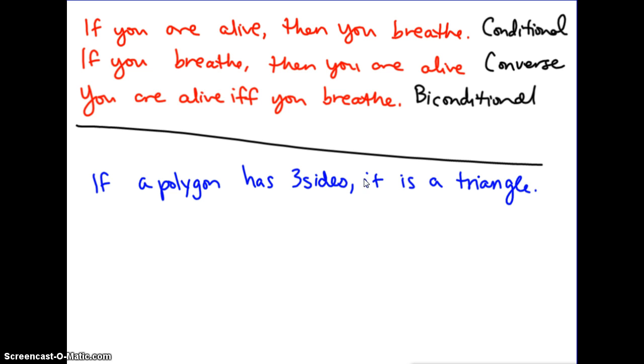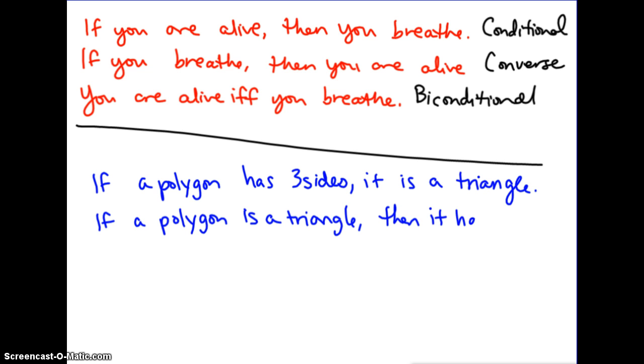Okay, well that's a true conditional statement, so let's write the converse. If a polygon is a triangle, then it has 3 sides. Okay, so that's my converse, and that is also true.